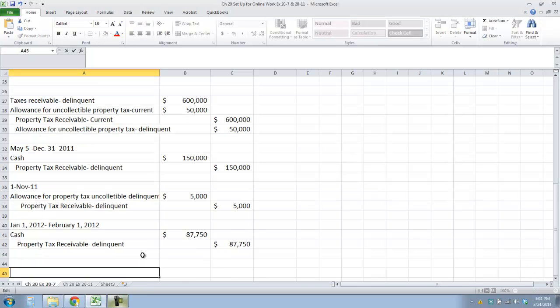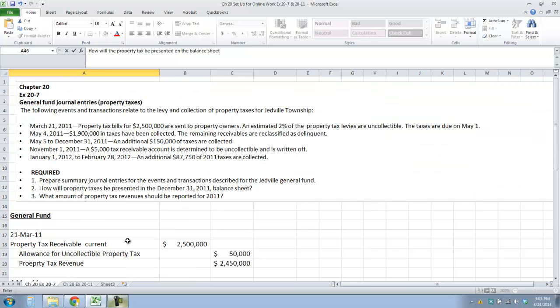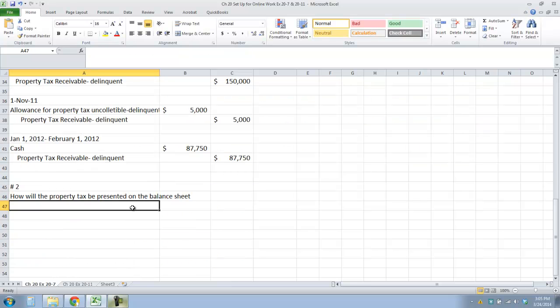So part 2 says, how will the property tax be presented on the balance sheet, December 31, 2011? Okay.